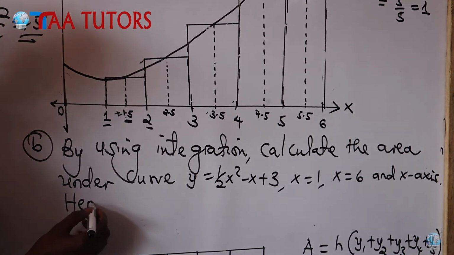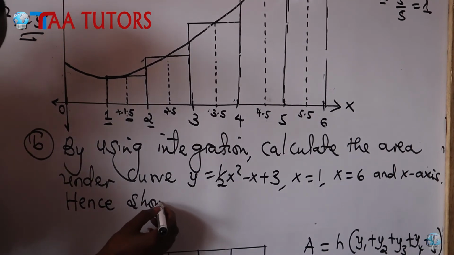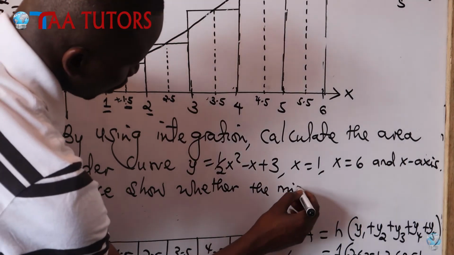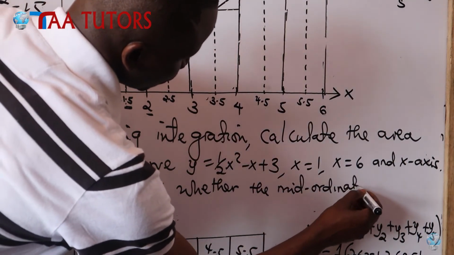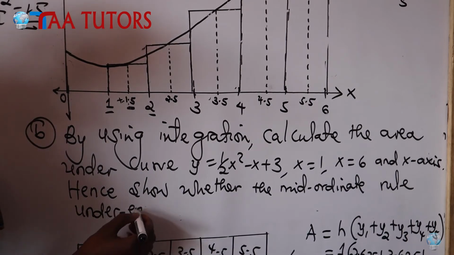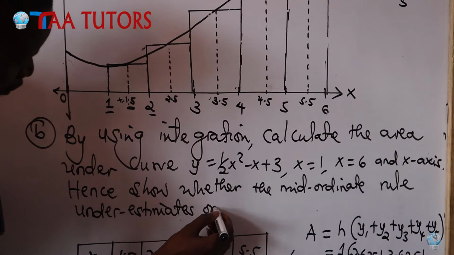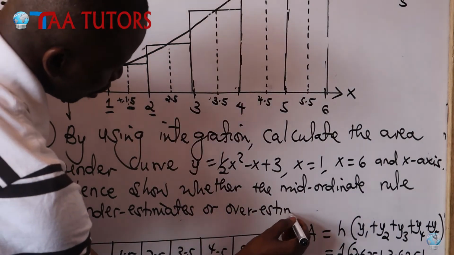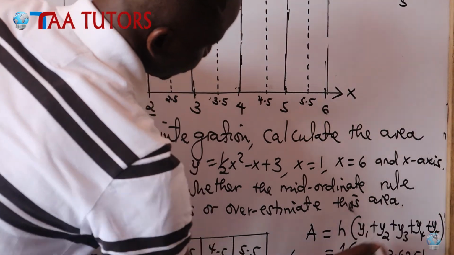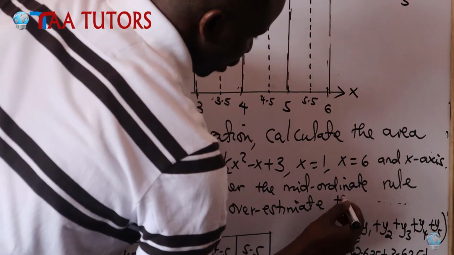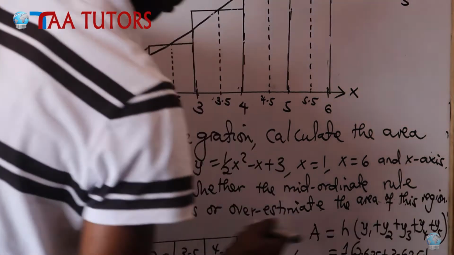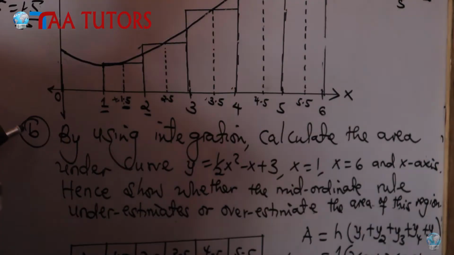Hence, show whether the mid-ordinate rule underestimates or overestimates this area. This should go for around 4 marks also.